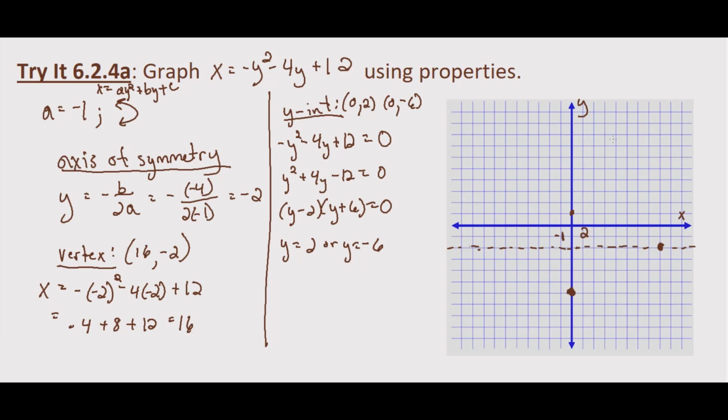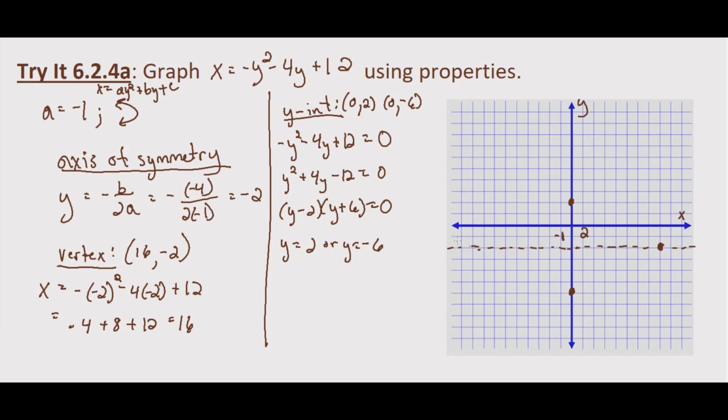And if you'll notice, I made a mistake there. The scale in the vertical direction is simply 1. So I accidentally plotted that first point at 0, 1 instead of 0, 2. So let's go ahead and change that to 0, 2. And I wouldn't have noticed that right off the bat had I not had this axis of symmetry drawn.